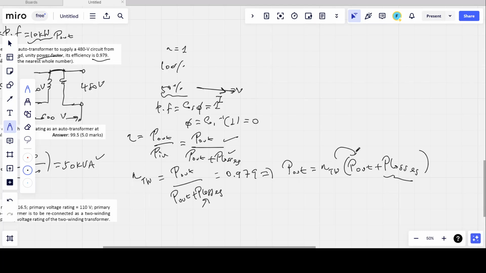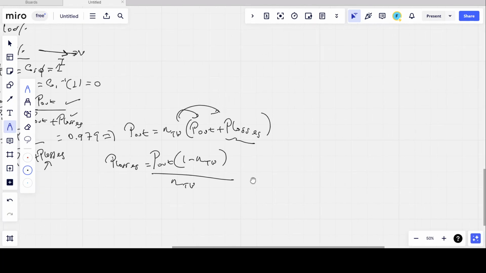So if you're very good in mathematics, you multiply out and then combine like terms and you get that P losses is equal to P output times 1 minus the efficiency as a two winding, divided by the efficiency as a two winding. So now let me simply plug in the values here.